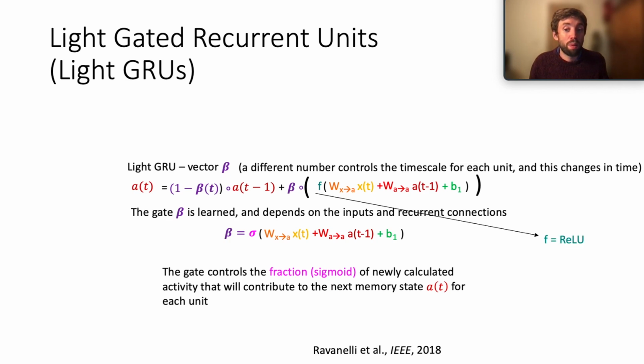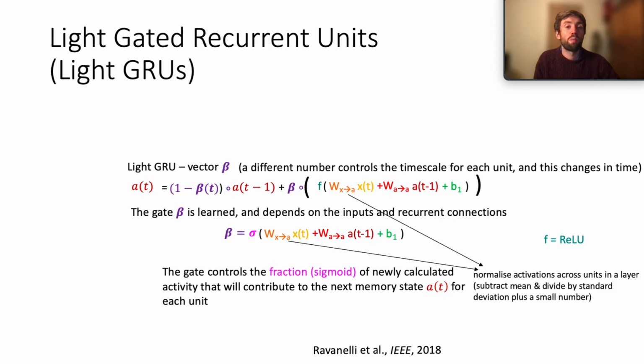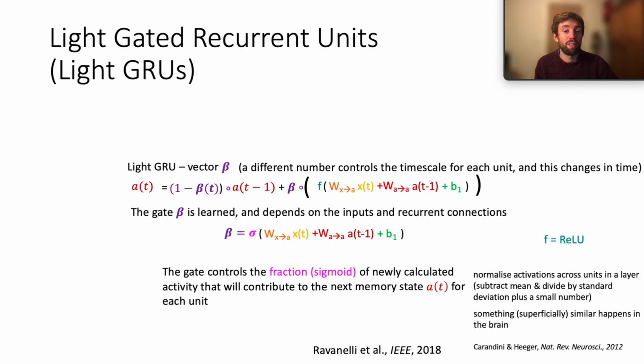In this paper by Ravanelli and Yoshua Bengio and colleagues, they proposed using the ReLU activation function for the other units. And they also proposed another additional detail, which is to normalize the activations across units within a layer. By normalizing, they just subtract the mean and divide by the standard deviation plus a small number. This is quite similar, at least superficially, to something that happens in local neural populations in the brain.